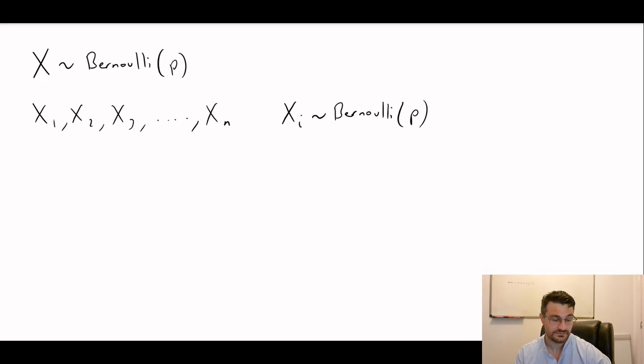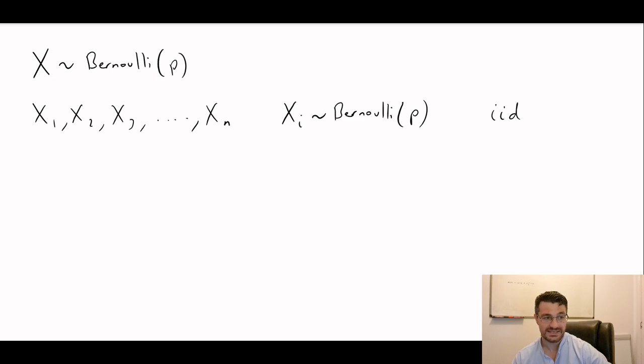Also, these are independent, and I'm not going to get into too much what that means, but there's an abbreviation for this, IID, and I'm going to be using that again later on. IID means independent and identically distributed.